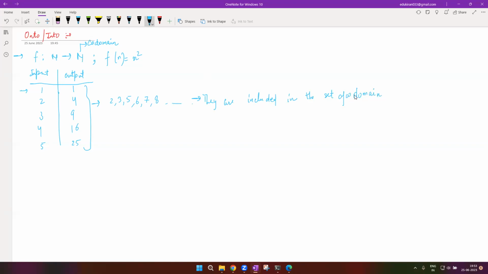They are included in the set of codomain, but not in the set of range.